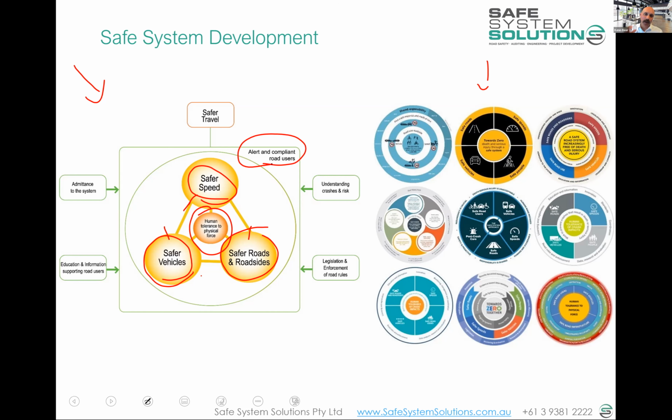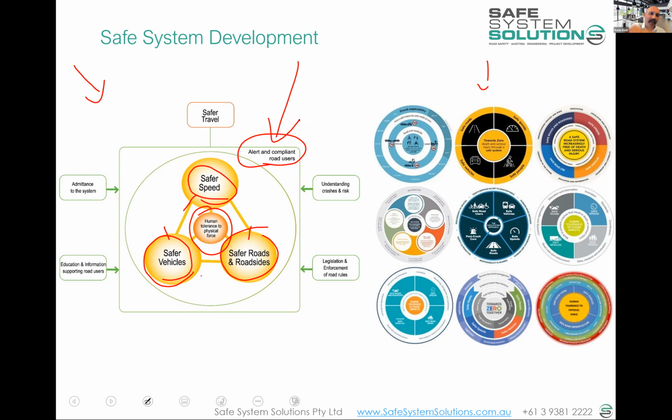Now, yes, we should be doing everything we can to minimize the mistakes, but we have to acknowledge that humans will fail within our system, and it's up to us to manage and design the system so that our failure does not result in death or serious injury.